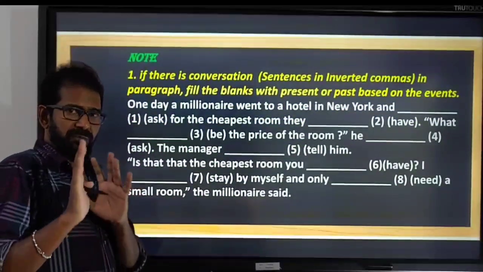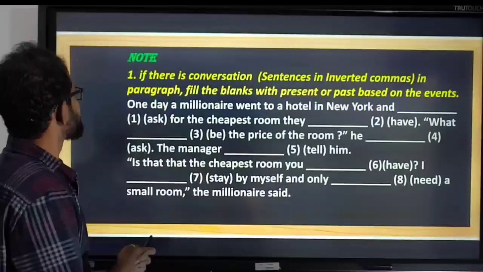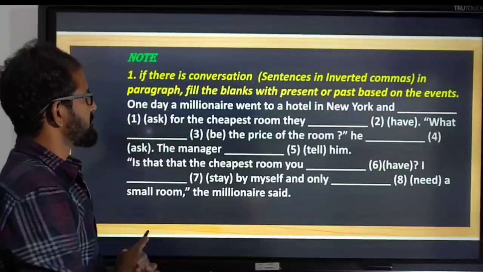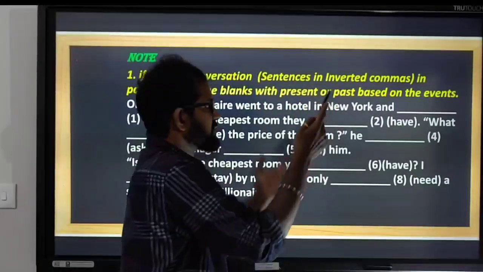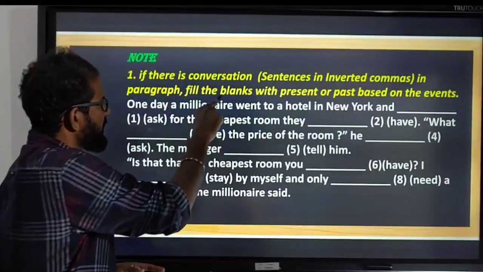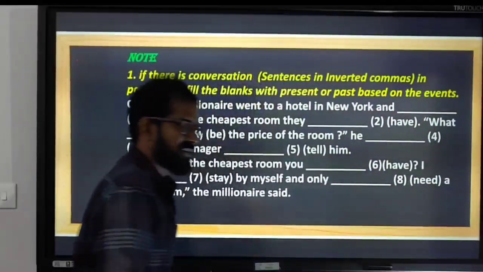We need to remember some note points while filling the blanks. First thing. What is the first thing? If there is a conversation, means sentences in inverted commas in a paragraph, fill the blanks with the present or past based on the given.